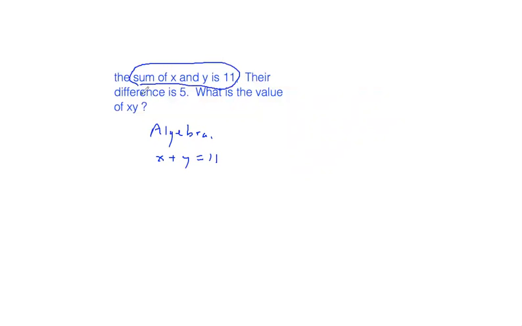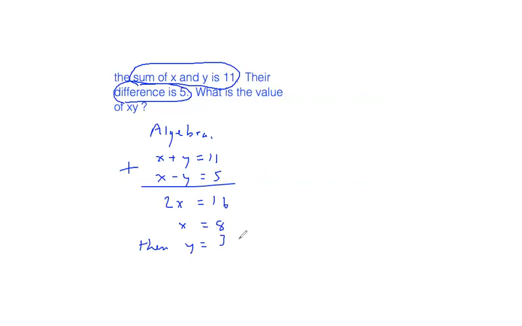Their difference is 5. So that would be x minus y equals 5. And notice when I take these two and add those two equations together, I get 2x equals 16. Divide the 2 out, I get x equals 8. Then y would have to be 3.